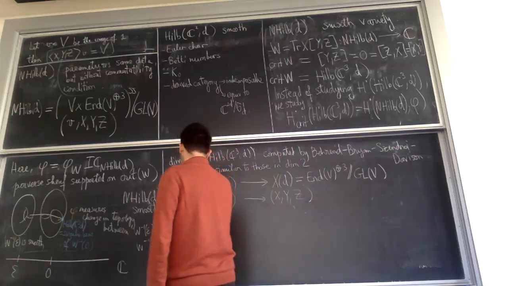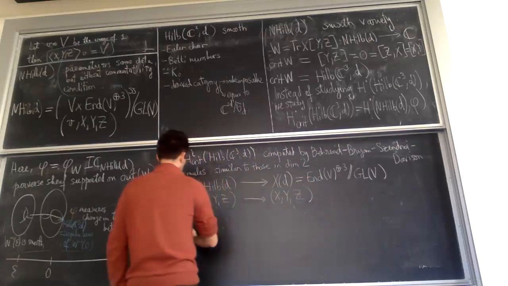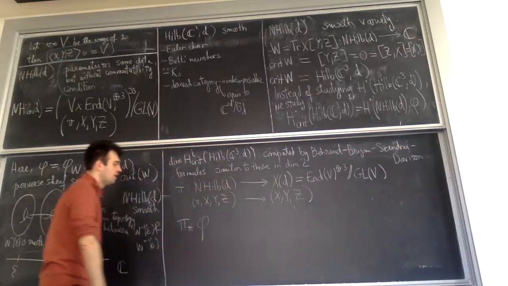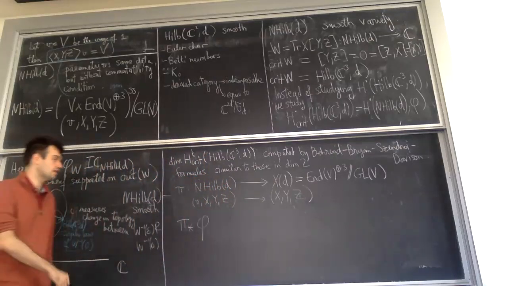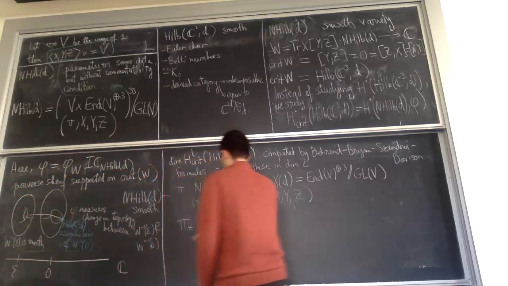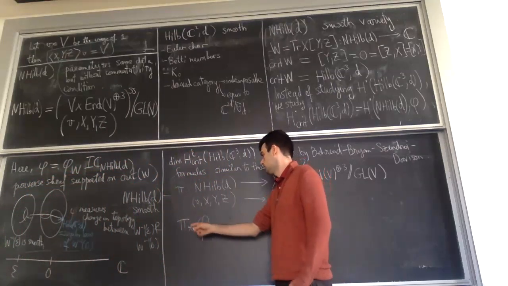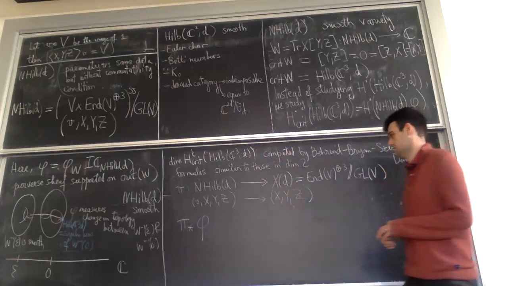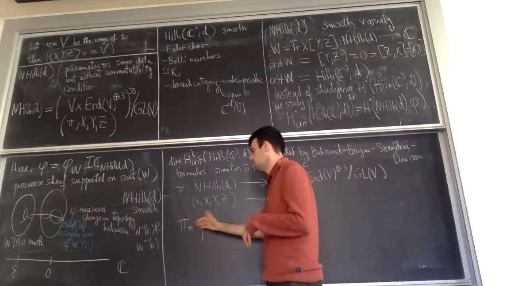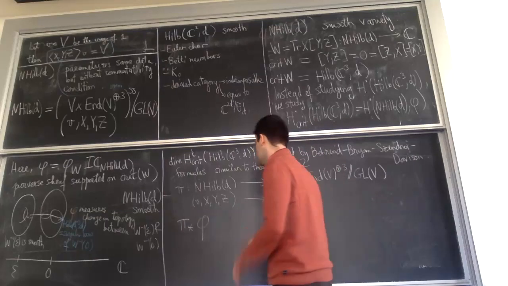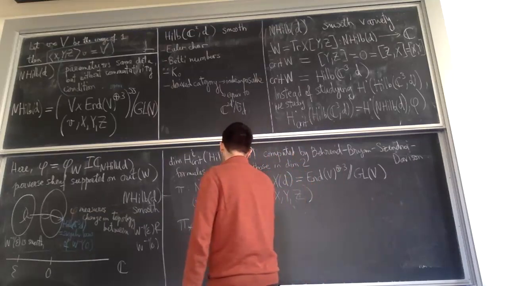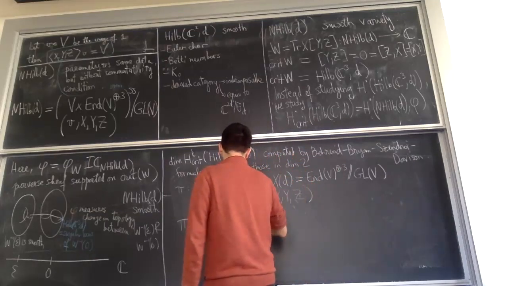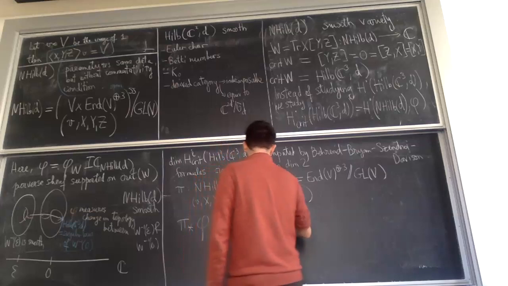So one studies the push forward of this perverse sheaf phi. And actually one can compute, this will split as a direct sum of simple perverse sheaves, and one can compute explicitly those simple perverse sheaves. So this will be given by a sum of what are called BPS sheaves.